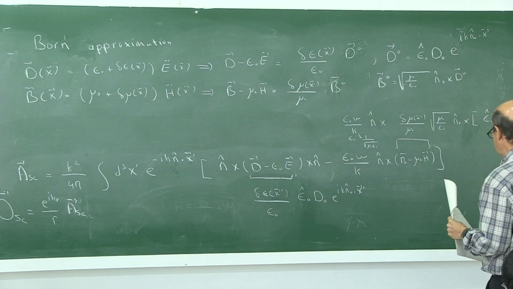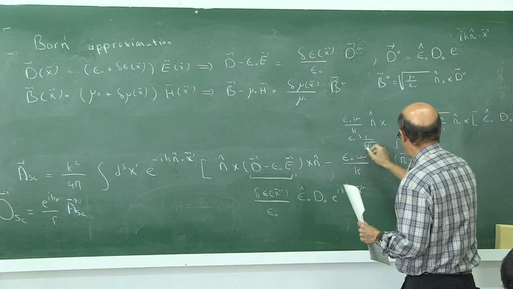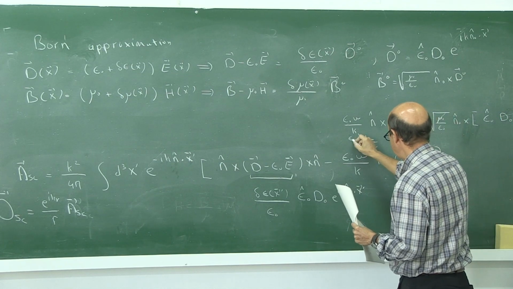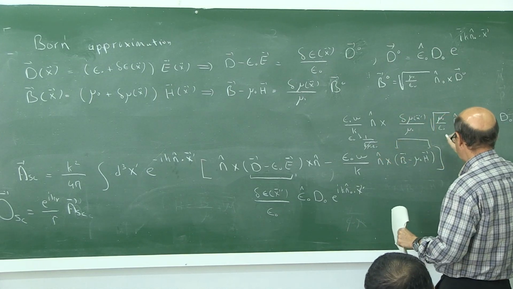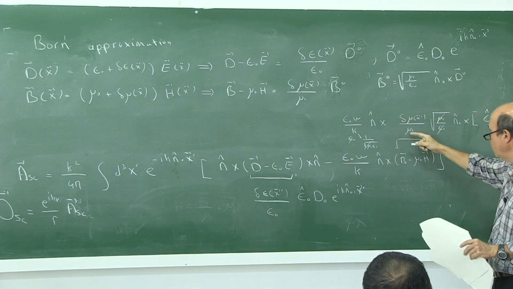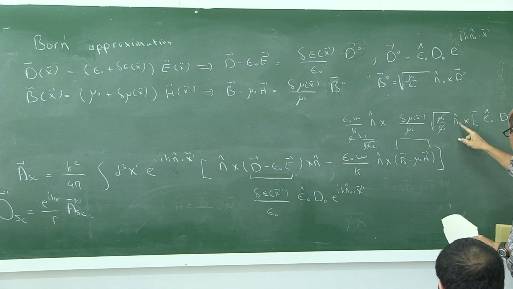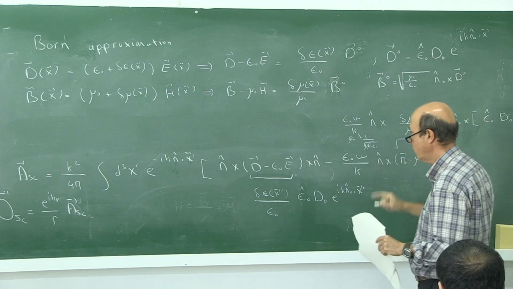Is there a cancellation? There should be. What are these? This square root of mu 0 and this one cancel. And that epsilon 0 over square root of epsilon 0 is square root of epsilon 0. That will be cancelled also. The only coefficient is the delta mu over mu 0. You have then n0 cross epsilon 0. And you have n cross.